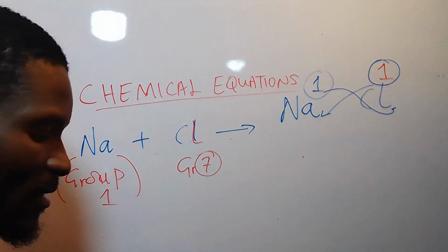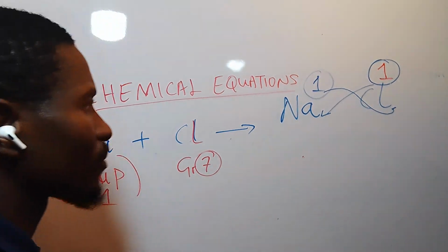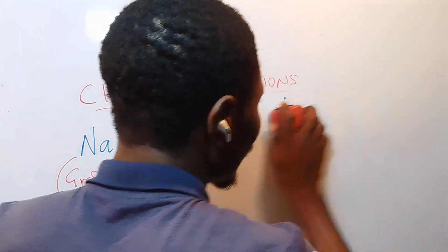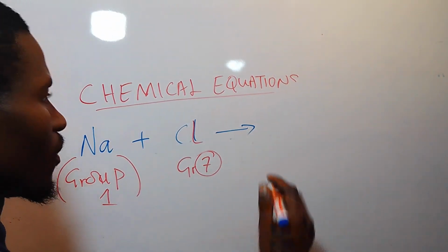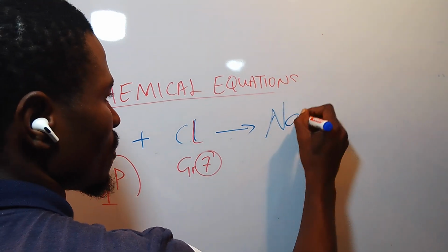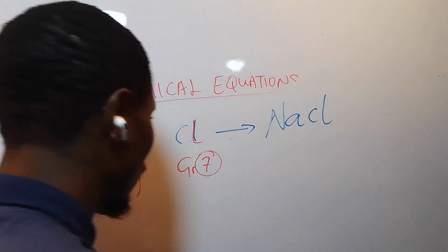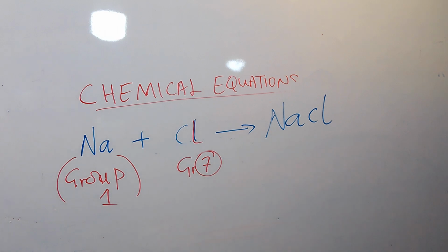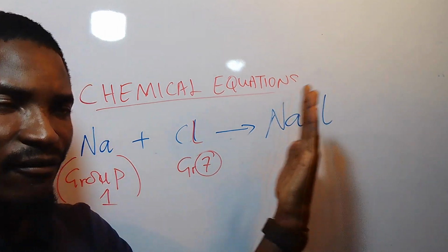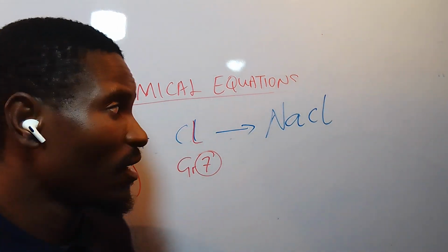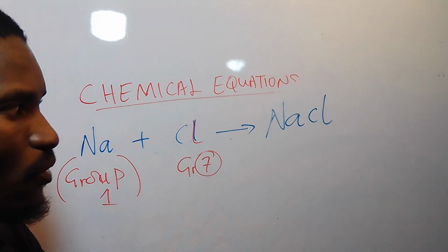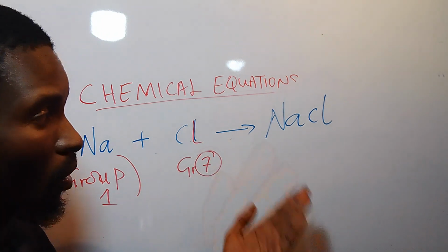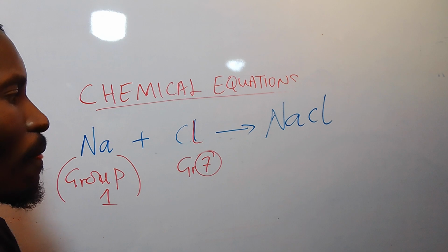And that is the reason why at the end of the day we have just sodium and chlorine combined. Since the numbers that have swapped or exchanged are just ones, there's no need to indicate those ones.